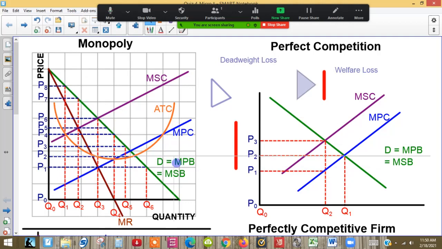So marginal private benefit equals marginal social benefit, and where this is equal to marginal social cost is the socially optimum output, which is Q3. Because it's a monopoly, that's also where this firm is going to operate, because that's where marginal revenue equals their marginal private cost, and that happens to be where their demand curve is. So they were operating at the socially optimum quantity before the tax.